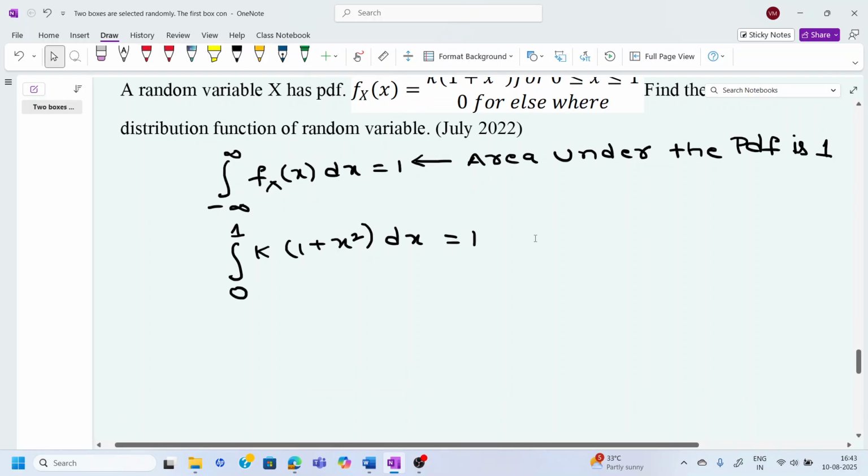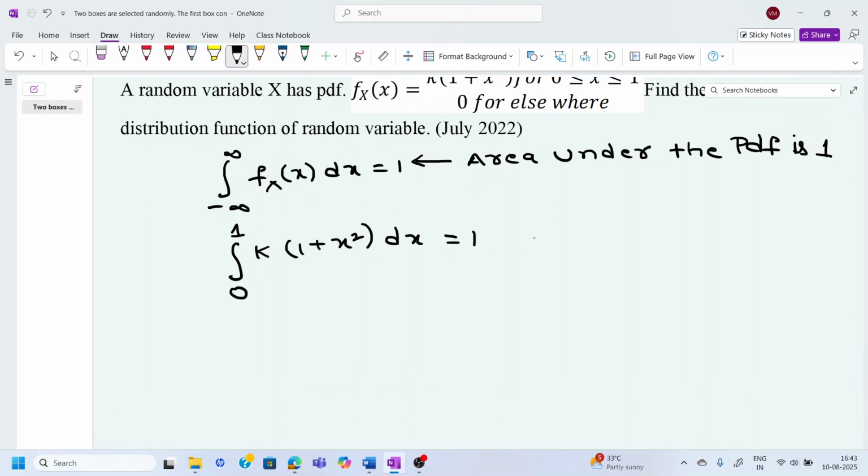k is a constant, so it is independent of the integration and will come outside the integration. Integration of 1 dx is simply x, plus integration of x square is x cube by 3, and we have to substitute the limits 0 to 1, which is equal to 1.